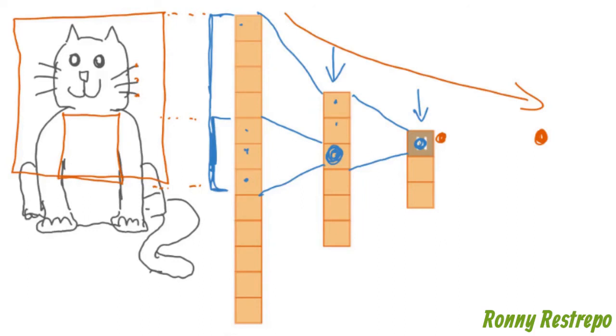We wish to preserve the information that would make a good classifier so that the model can recognize the difference between a cat, a dog, or some other thing that we want to classify. But we also want to preserve the very fine-grained details about the locations of things within the scene. So for instance, we may want to preserve information that tells us that this region over here, for instance, belongs to something that we classify as a cat.